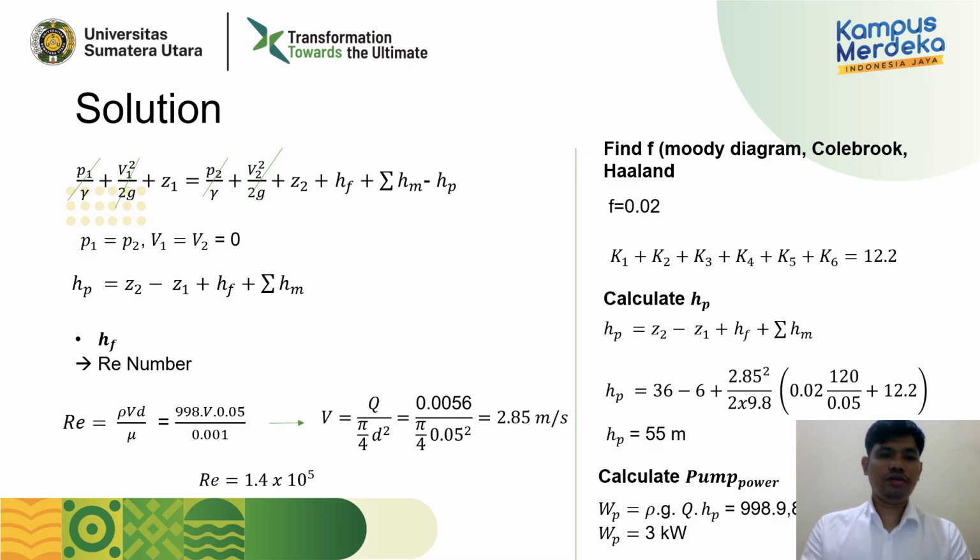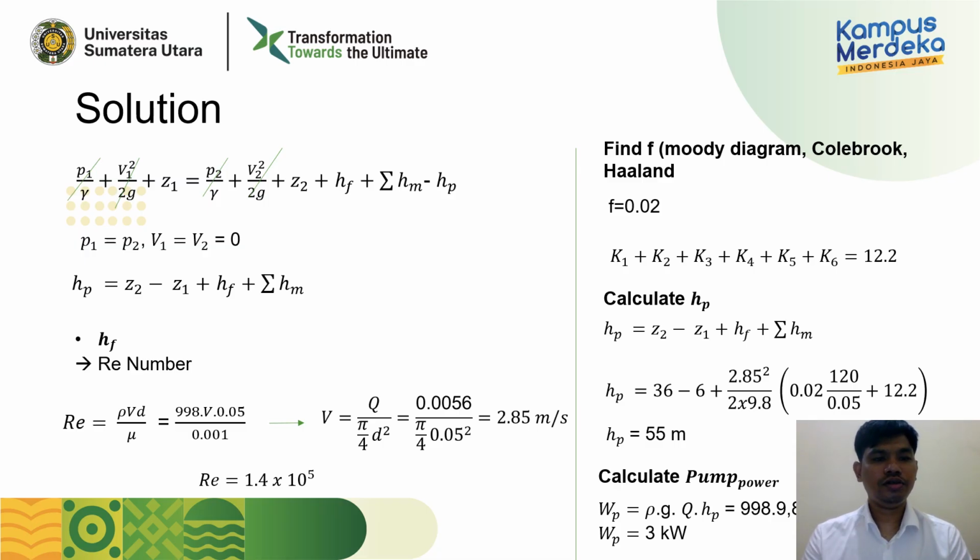We use the Bernoulli equation, and based on the case we reviewed in the previous slides, we know that pressure 1 and pressure 2 are equal, since both are atmospheric pressure, and also the velocities v1 and v2 are equal to 0.